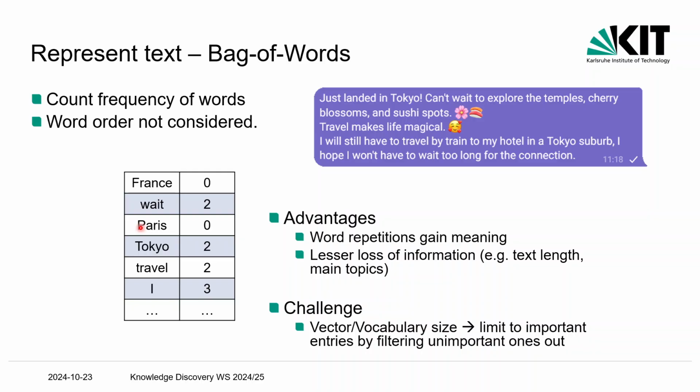That means our vector, or our vocabulary size, would have to increase whenever a new word comes in. And the English dictionary is pretty large, so it would take up quite a bit of memory if we represented each and every document that way. So how about we limit it to important entries by removing unimportant ones, for instance? And there are ways of doing that.